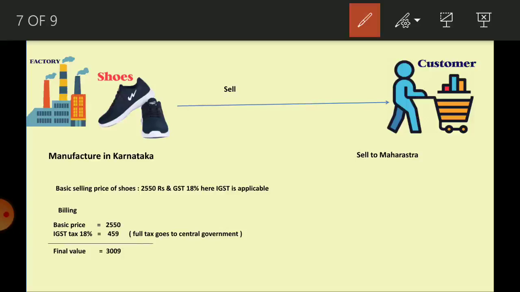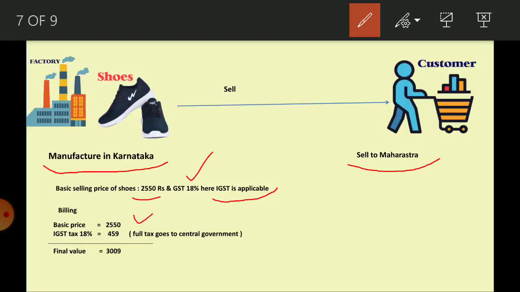I'll explain you one more time. Here, a shoe manufacturing factory manufacturing shoes in Karnataka sells to the customer who is staying in Maharashtra. Basic cost of the product is 2550 rupees and GST is 18%. As manufacturing happens in Karnataka, sales happening in Maharashtra, IGST integrated goods and service tax is applicable. The billing will be as follows.